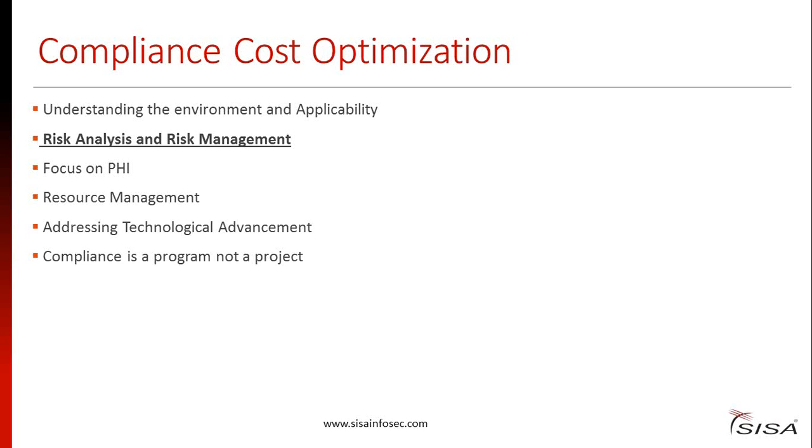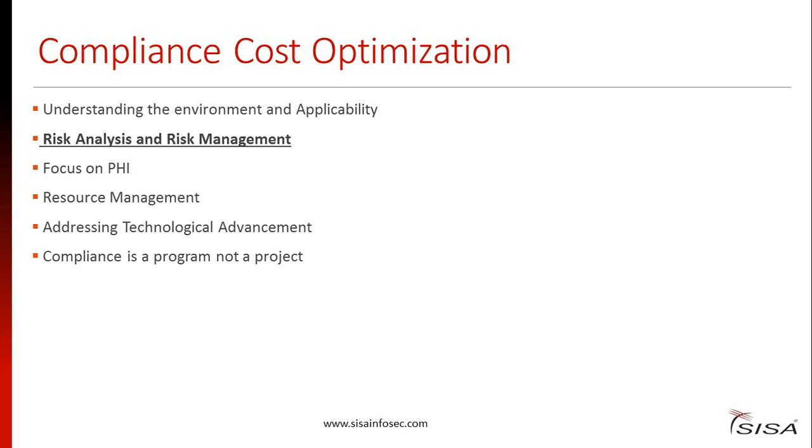So first of all, you have to understand the environment and applicability. When we say environment and applicability, it simply means that if you are in a BPO environment or in a call center environment, you are running a business for a CE as a business associate, probably the risk that you have will be different from an entity that is hosting a web application for a healthcare environment.